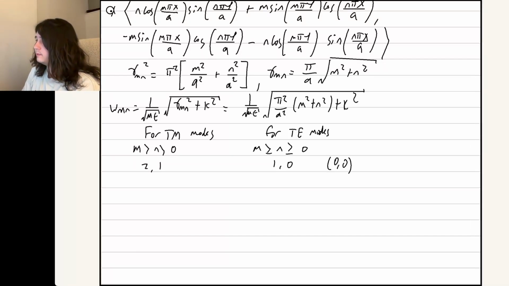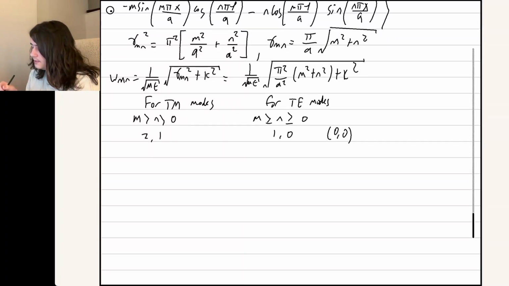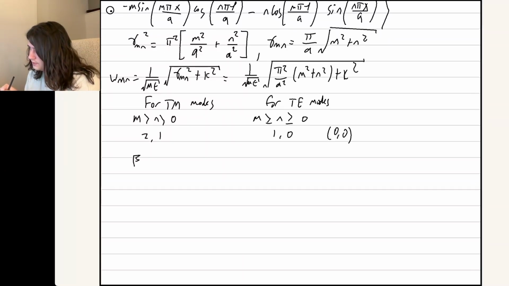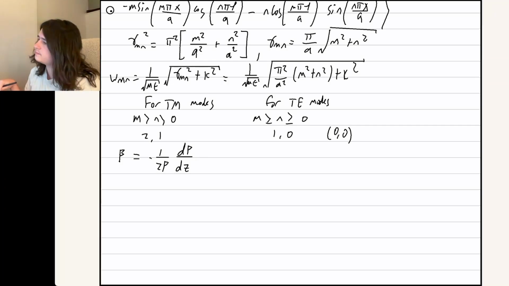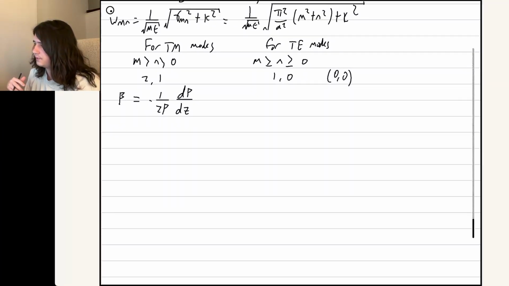The next part of this problem is actually to calculate the attenuation constant, beta, which is the loss of the power on the walls. And it's given by minus 1 over 2P, P being the power, times the derivative of the power with respect to z, which is a funky little equation that doesn't really mean what it says it means. So let's just go ahead and start calculating the power.